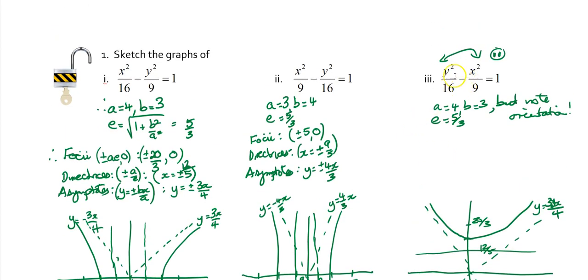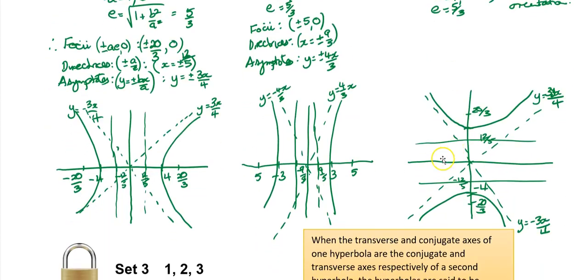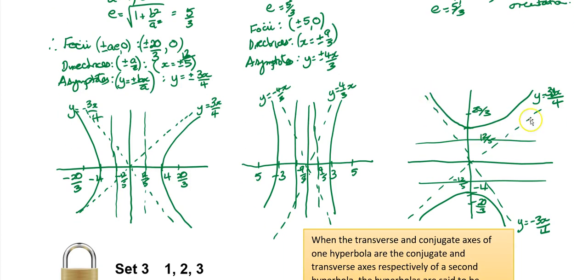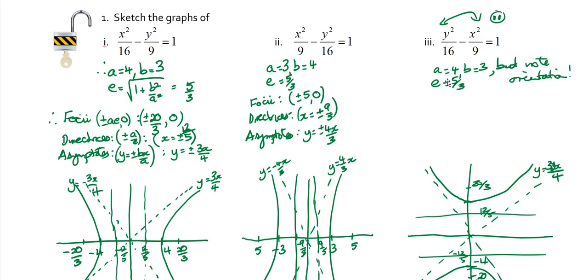Now over here, where we've got the same layout but we've just got a sign change, in a sense we've swapped the position of the y's and x's, our hyperbola is now going to be lying on its side. But we still go through that a is the number under the first thing here, so it's no longer under the x.